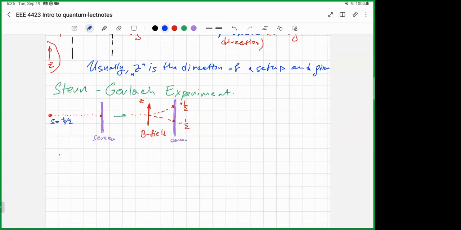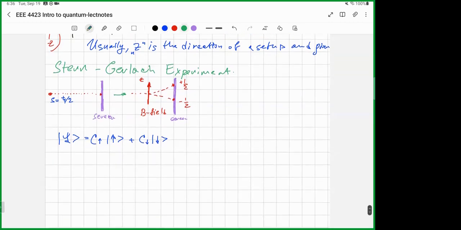So before measurement, we have the psi state with state up and state down. And the state up is denoted by C up, state up. And down is C down, state down.